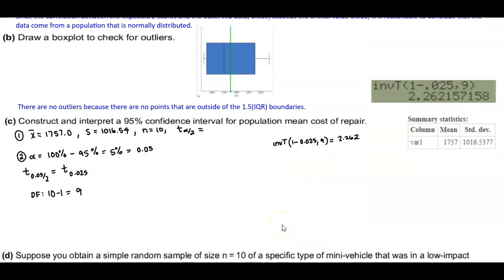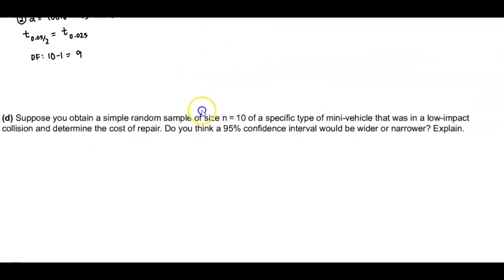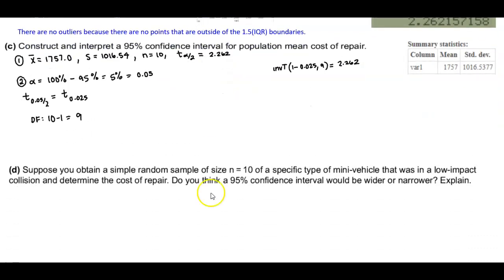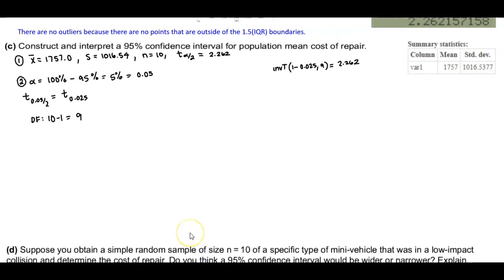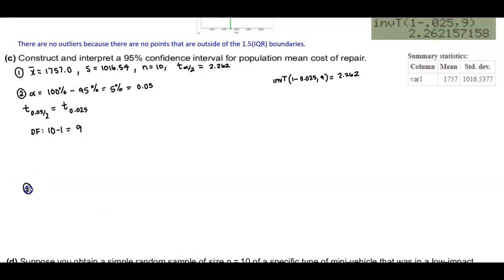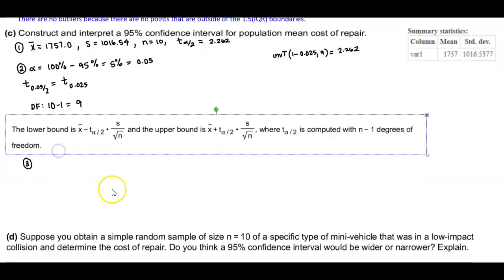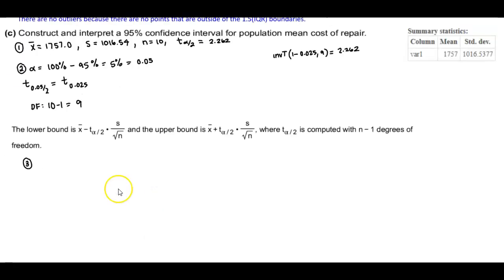Okay, so now that we know that our critical value is going to be 2.262, now we can figure out what our confidence interval is going to be. Using the formulas that we have, we know the lower bound and the upper bound. So the lower bound is going to be the sample mean, which we have, 1757.0.